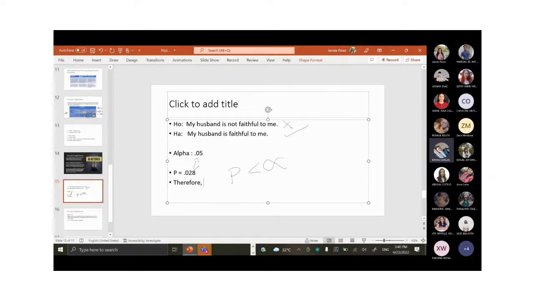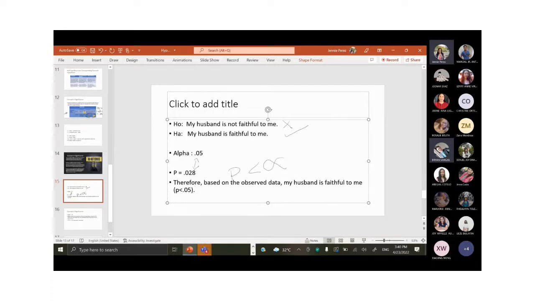Therefore, based on the observed data, my husband is faithful to me. What is the p-value? P is less than 0.05.